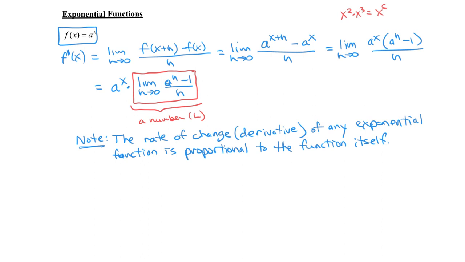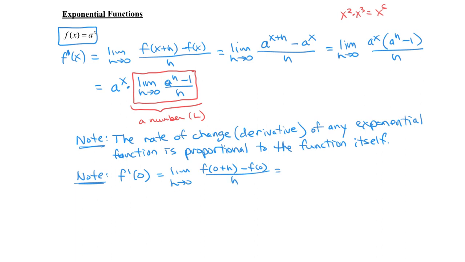Okay, and there's another note to mention. Just notice that if we had f prime of 0, and we went back to this, we're taking the derivative at 0, we would get the limit as h approaches 0 of f of 0 plus h minus f of 0 all over h.